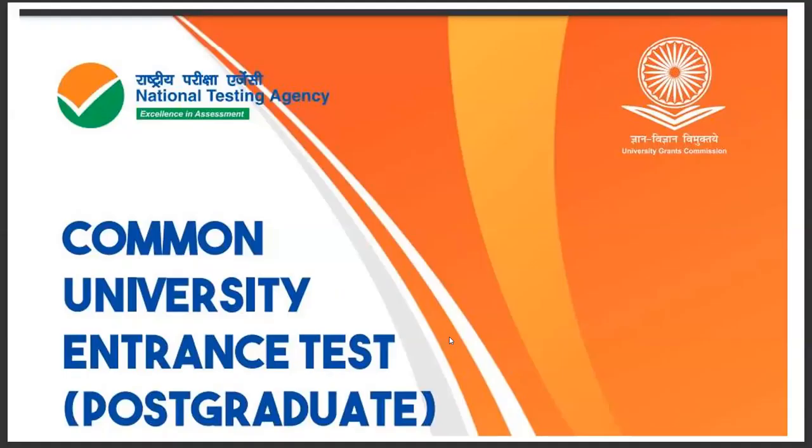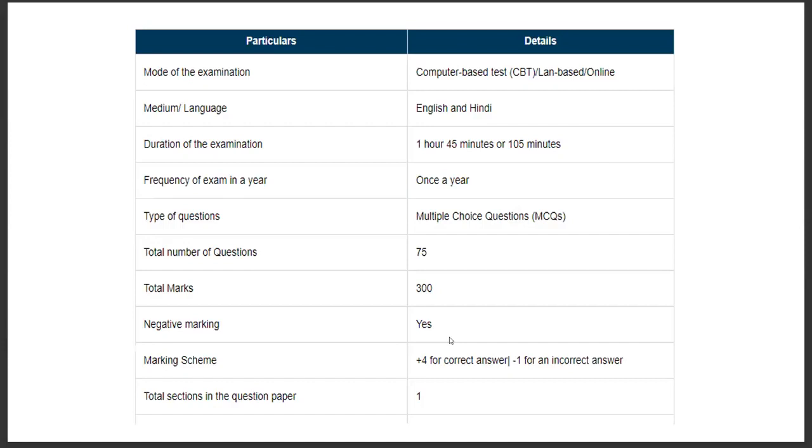So let's start. The National Testing Agency, NTA, conducts the Common University Entrance Test for all the PG programs. The mode of examination is entirely a computer based test, and the medium of language is English and Hindi only.